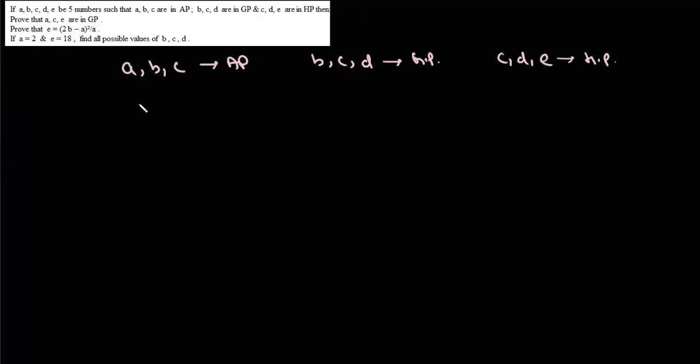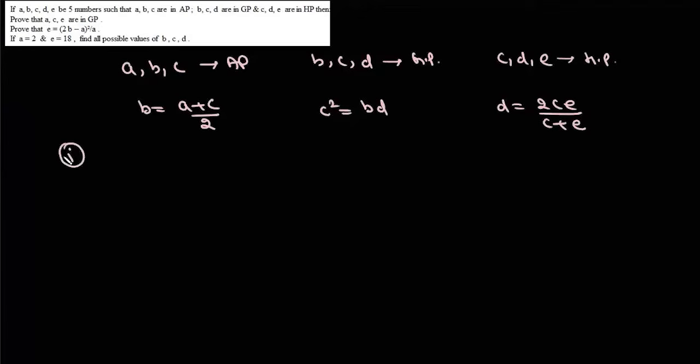Now the condition of an AP is B equals A plus C by 2. Here C square will be equal to B into D, and here D is equal to 2CE upon C plus E.